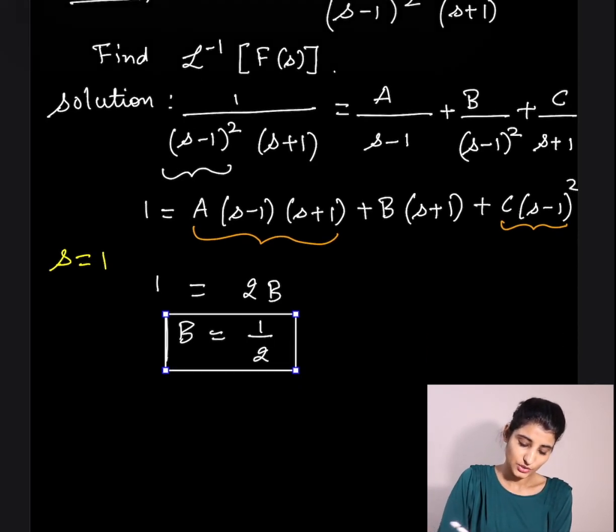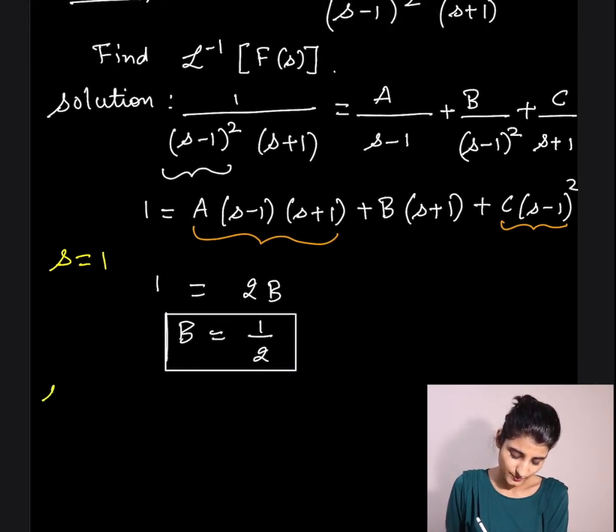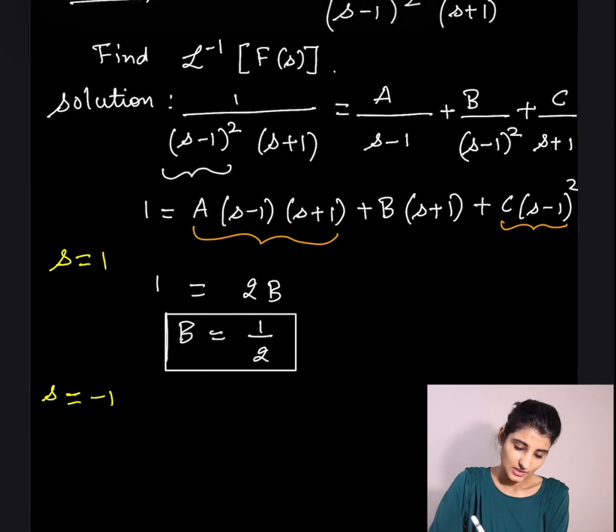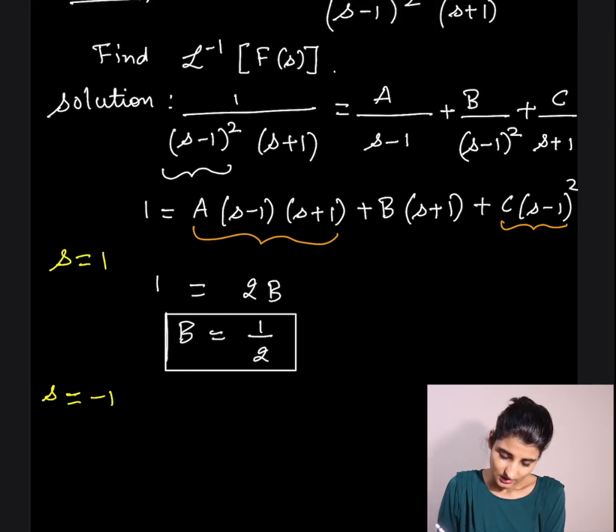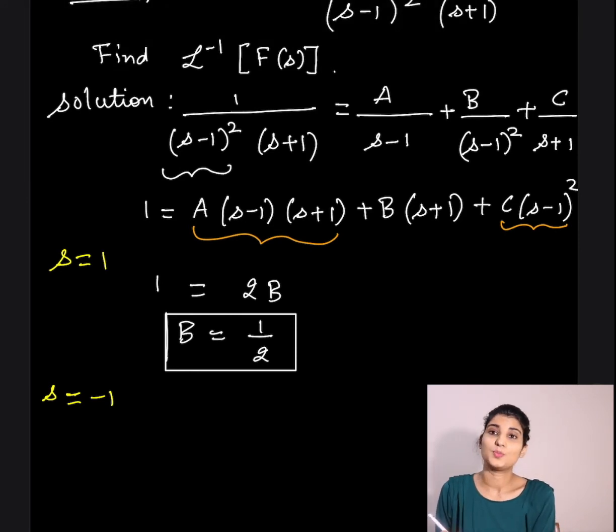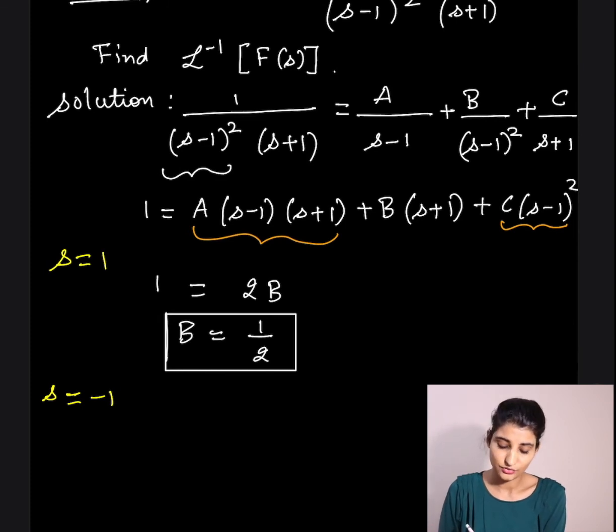Next we substitute s equal to minus 1. If we substitute s equal to minus 1, the terms which have s plus 1 will be 0. The first term and the second term will be 0. So we will get 1 equal to C times (minus 2) square, which is 4.